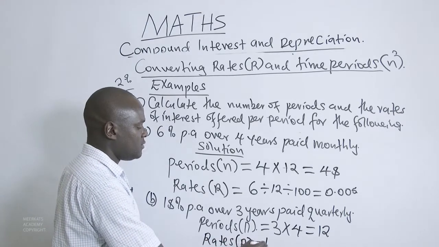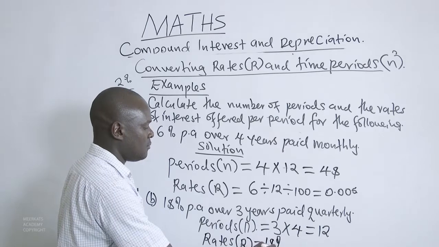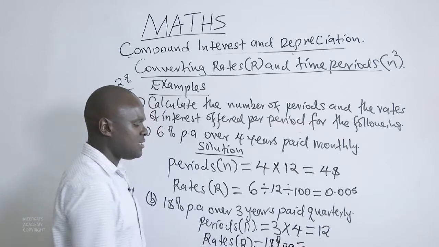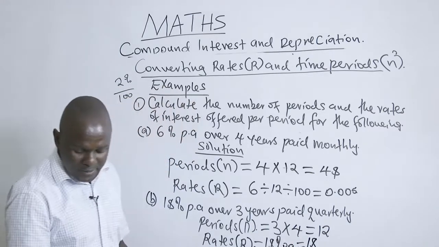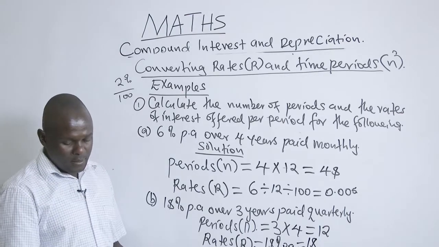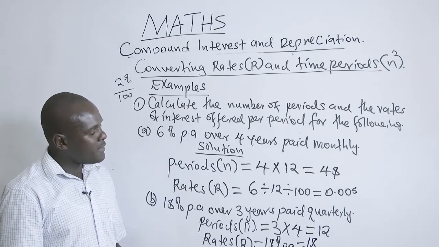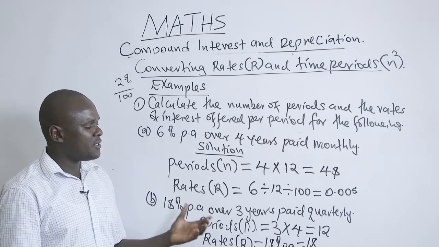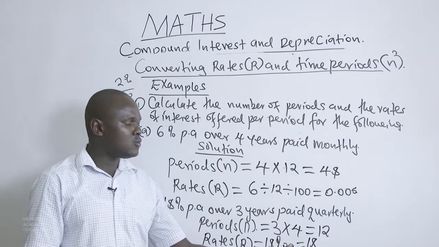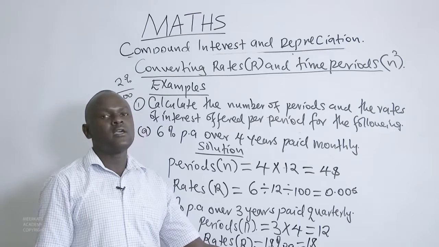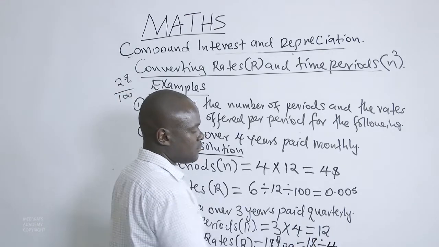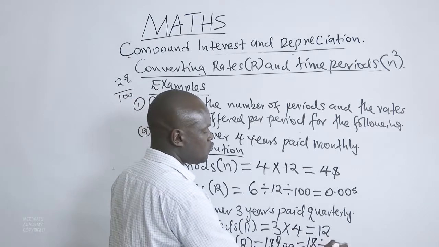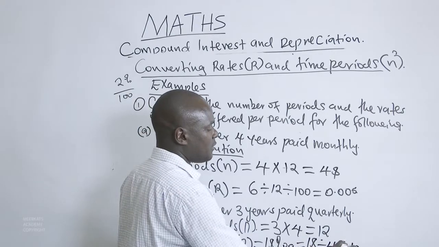Let us look at the rates. The rates we are given is 18% per year. What will be the rates per quarter? In a year we have 4 quarters, and this is the rates for the entire year. So for us to get the rates per quarter, we divide by 4. And for us to convert to a decimal, we divide by 100.